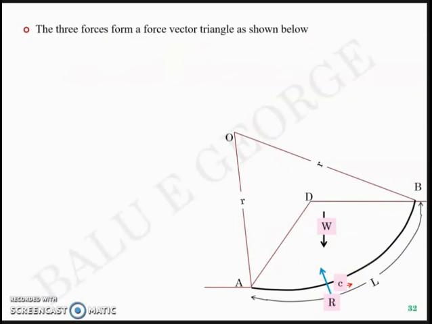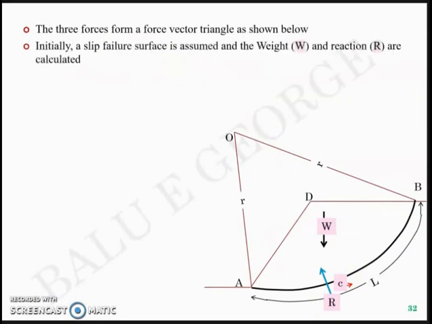Initially, just like the previous example, a slip surface is assumed and the weight W and reaction R are calculated based on the geometry that you've considered, A, D, B. Once we know the weight W and the reaction R, you can calculate the unknown mobilized cohesion C because it forms a force triangle.